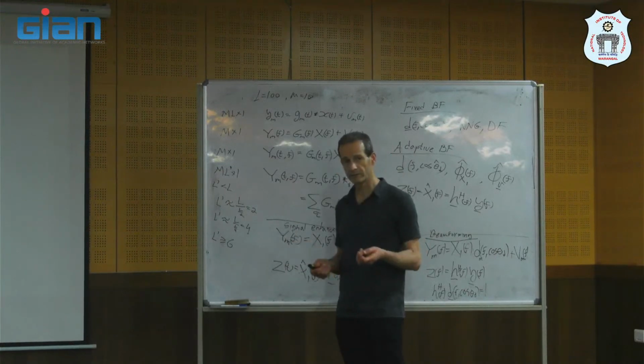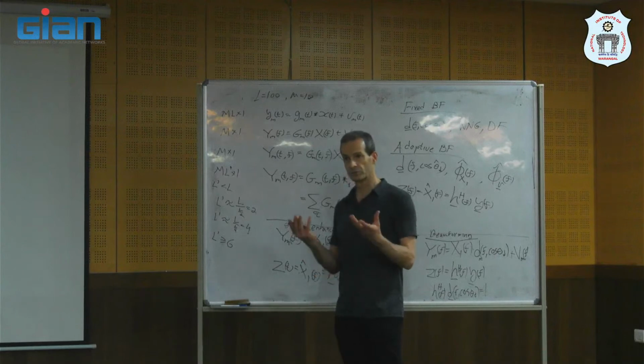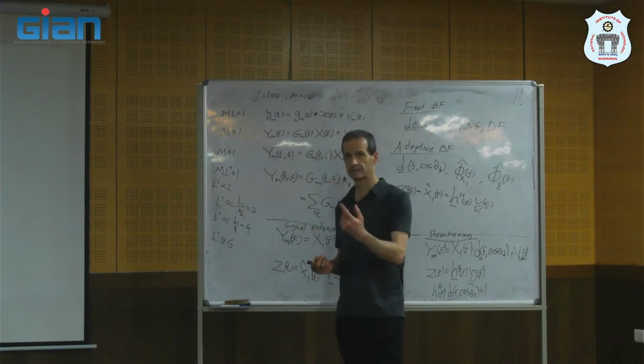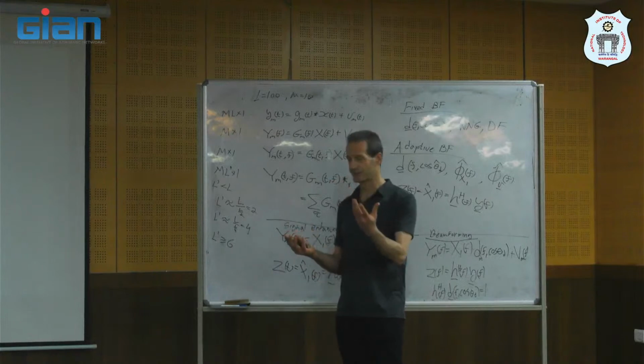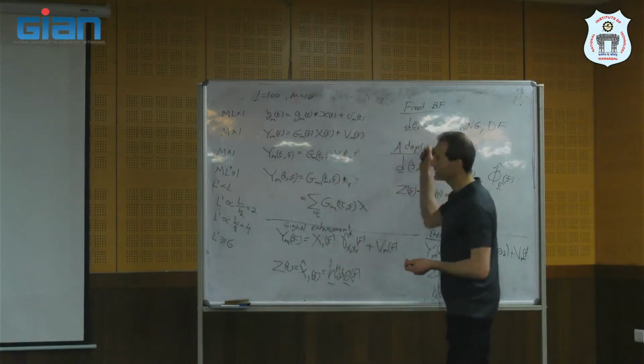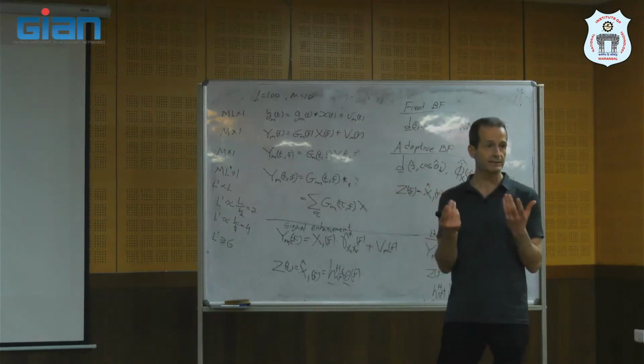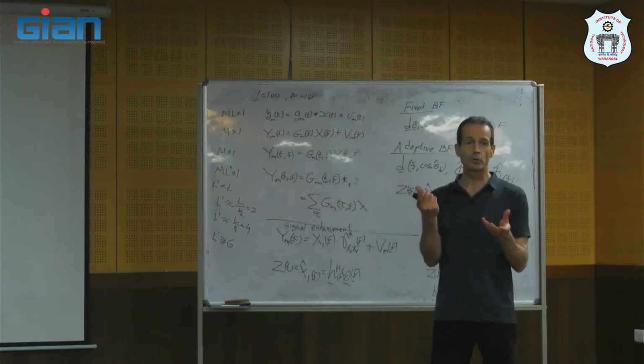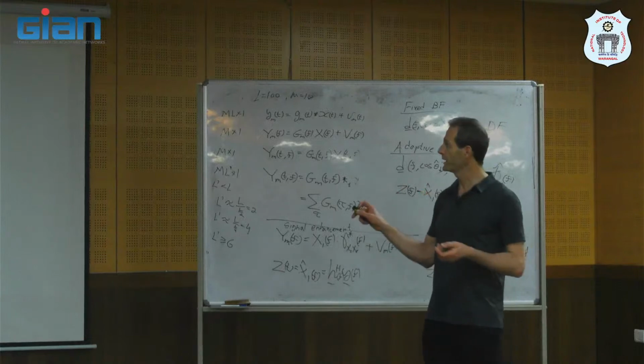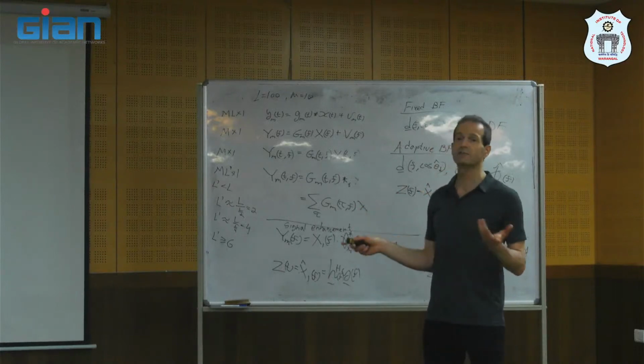Trade-off between what? Two things, exactly: signal distortion and noise reduction. Here, with fixed beamforming, we will show that we can find a parameter that controls the trade-off between white noise gain and directivity factor.